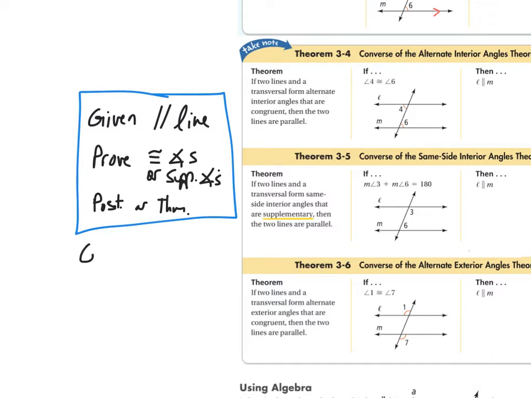If you are given congruent angles or supplementary angles, and you're trying to prove parallel lines, that's when you use the converse.